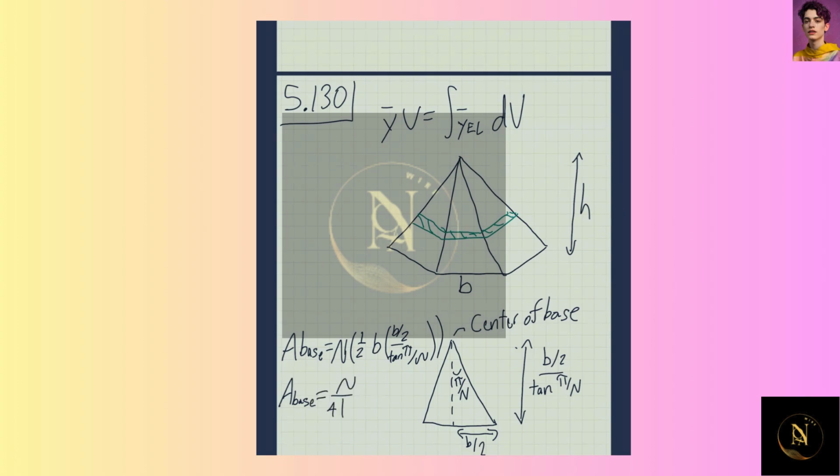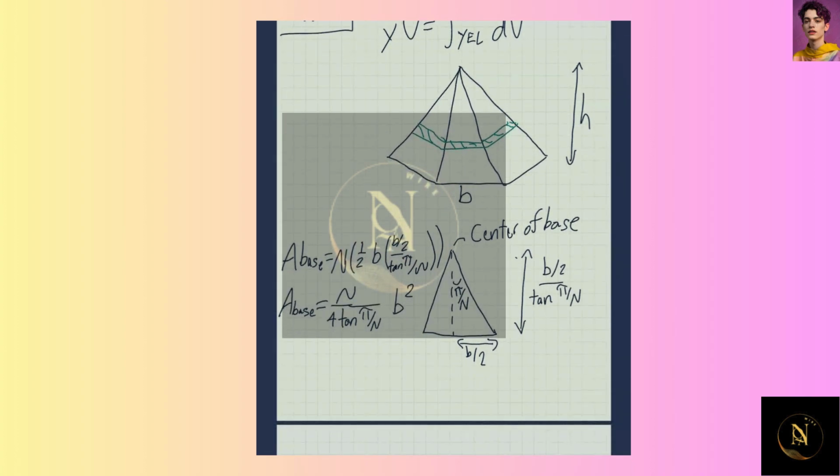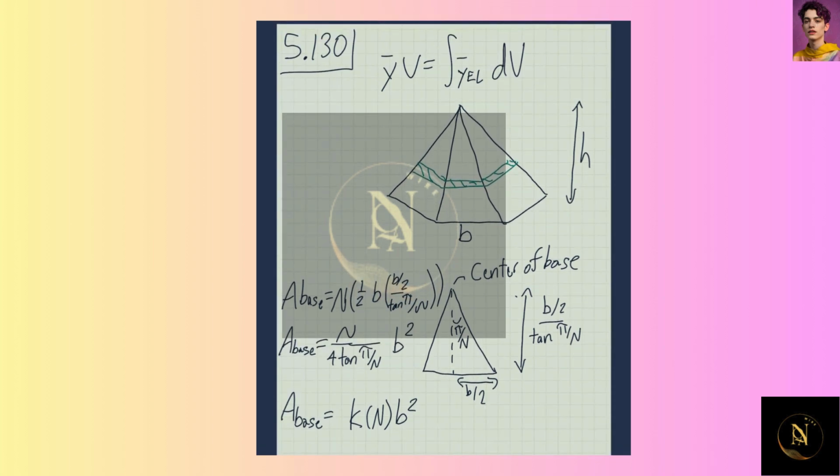And simplifying that, we get that the area of the base is equal to the number of sides over 4 times tangent of pi over the number of sides times b squared. And to make this simpler, I'll just call that constant k, dependent on the number of sides, times b squared.